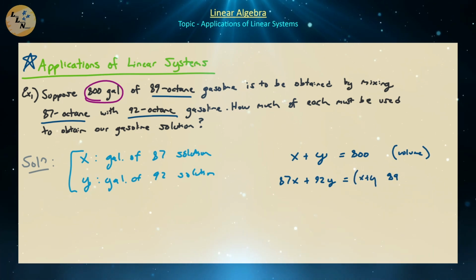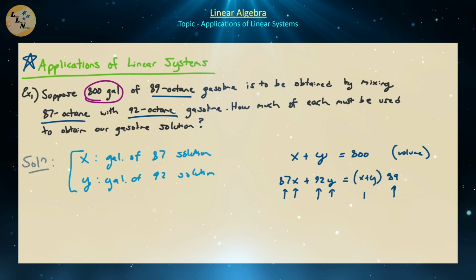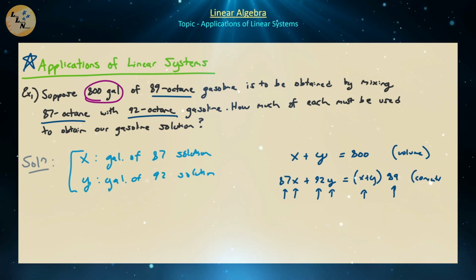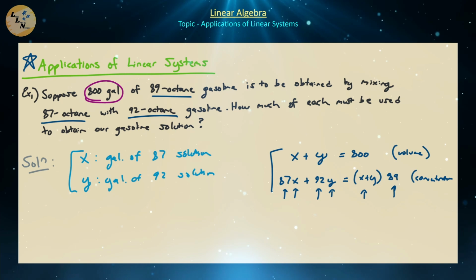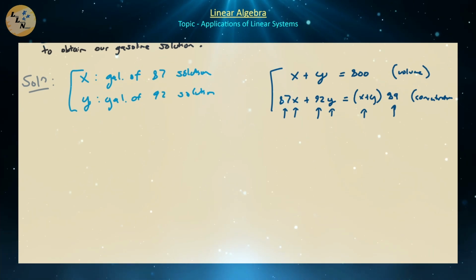And of course, we're going to have x plus y of that. Okay, so notice concentration, volume, concentration, volume. This is pretty much referring to concentration, density, whatever you want to call it, but I'm going to call it concentration. So what we have here is a system of two linear equations, two unknowns, x and y, and our goal is to solve that system.